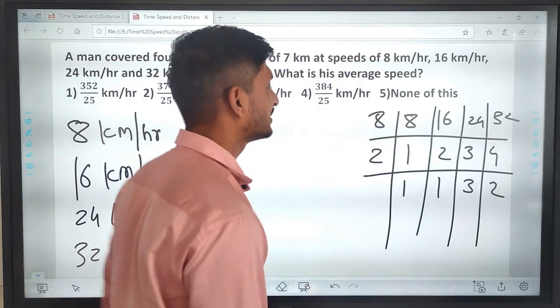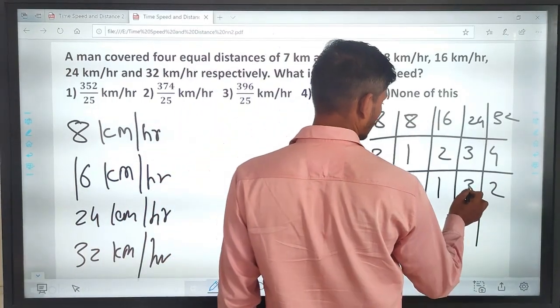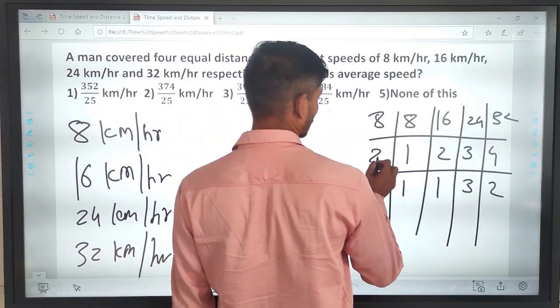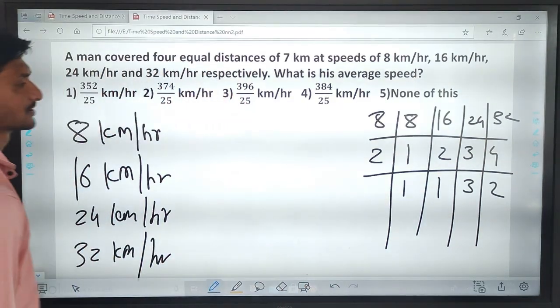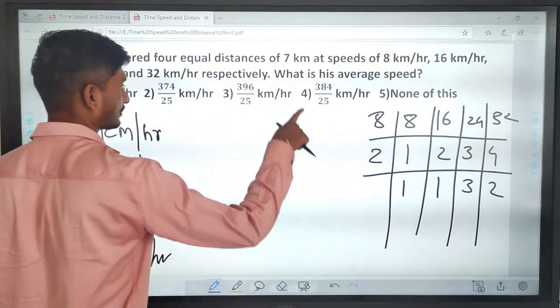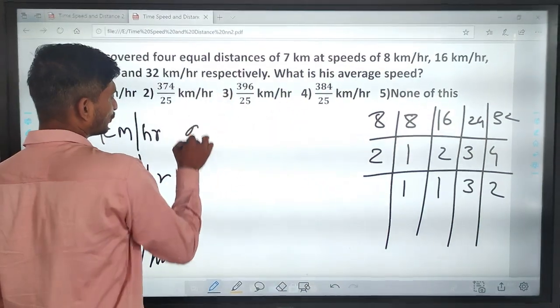Now your LCM is 96. Your LCM here is 96. Then we take the distance as 96.